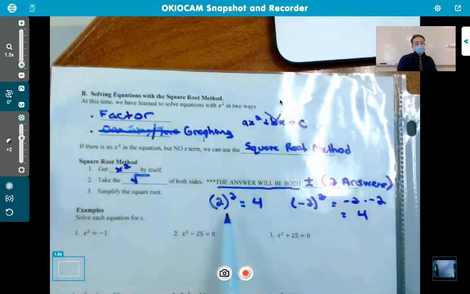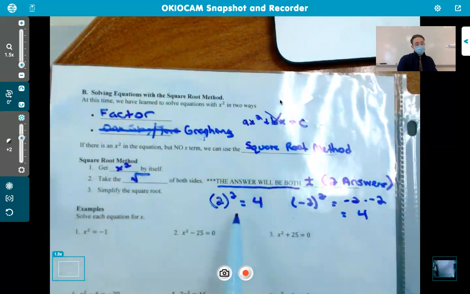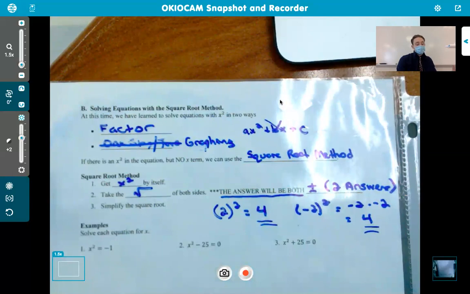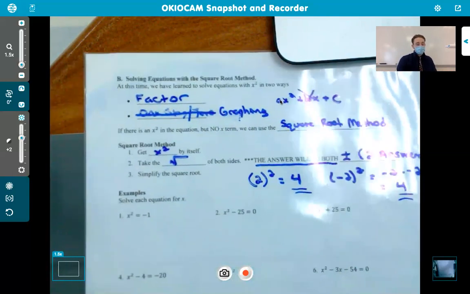Notice that I have 2 values I plugged in and got the same y value on the outside. So when we're doing the square root method, what we're doing is accounting for both the positive and negative answer that could give us the original expression. Okay. So that's kind of the theory behind what we're doing here.